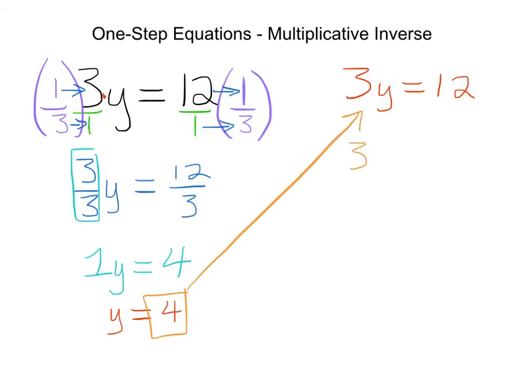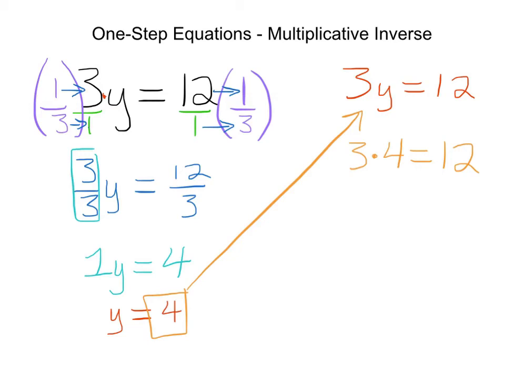So I'm going to rewrite it as 3, and remember this is multiplication, times 4 equals 12. And as long as 3 times 4 actually equals 12, then that means that I solved that problem correctly. And just so happens 3 times 4 does equal 12. So that problem was done correctly.